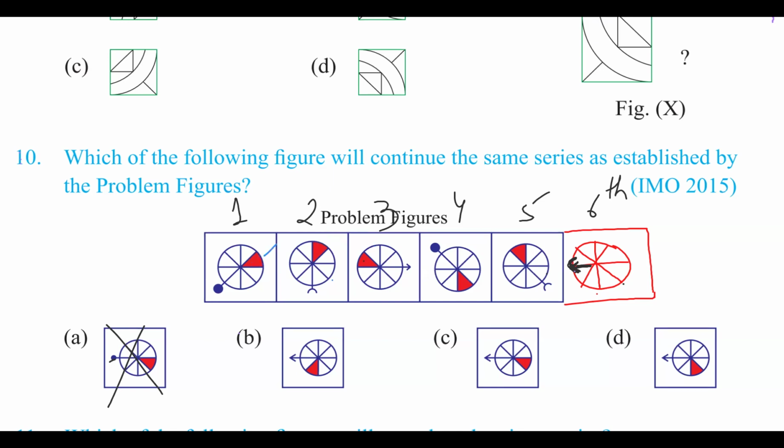I'll say it again. See. In the first figure, this part was colored. In the second figure, the part that is colored is just the part which is beside the first one, right? Then in the third figure, leaving one and then it is colored.